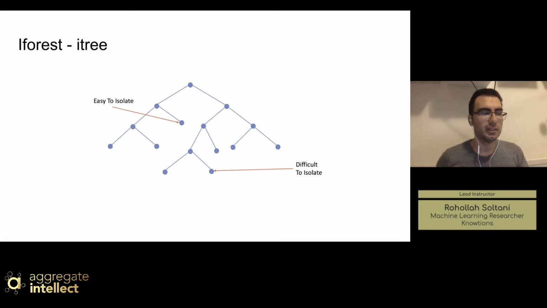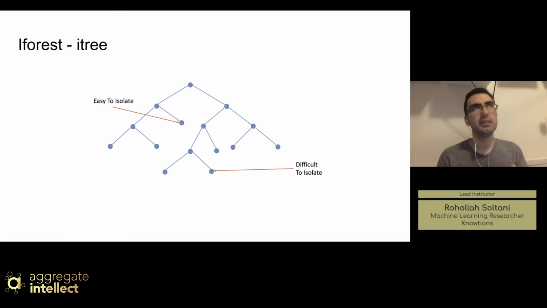So easy-to-isolate points, which is the same concept as low density ones, are considered anomalies, and tightly packed ones are normal. The shorter the path, the more anomalous the point is. The whole idea is that random partitioning produces shorter paths for anomalies.